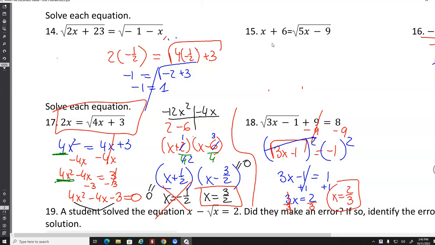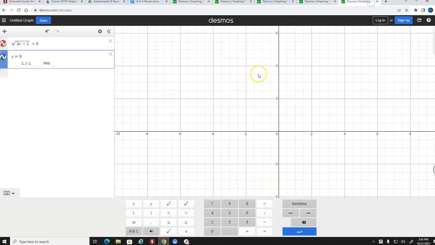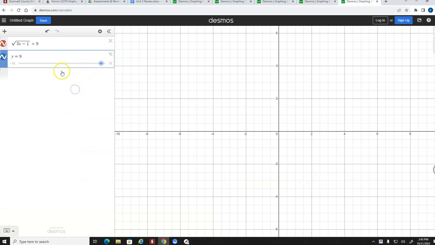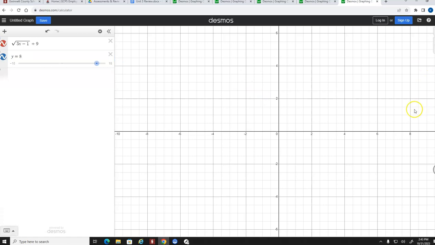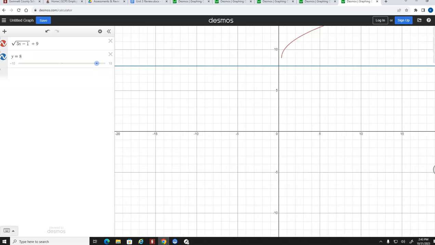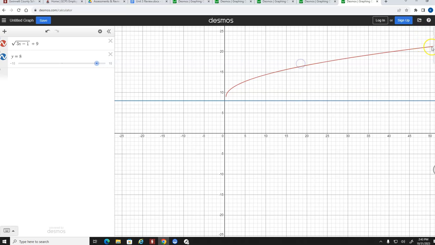Now again, I can plug it back into this equation, or I can go to Desmos, or do both, and check for my solutions. When I plugged it in, let me see, it was 8, sorry, it was 8 right here. When I plugged it in and made it smaller, they do not meet.